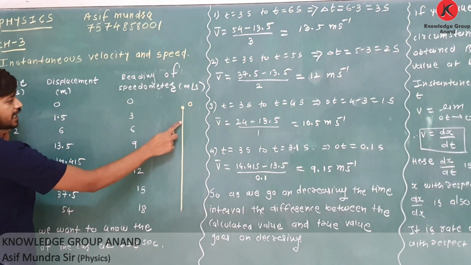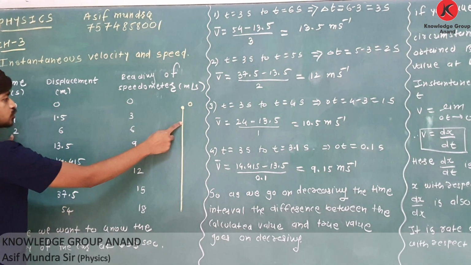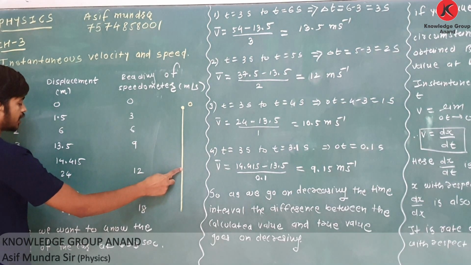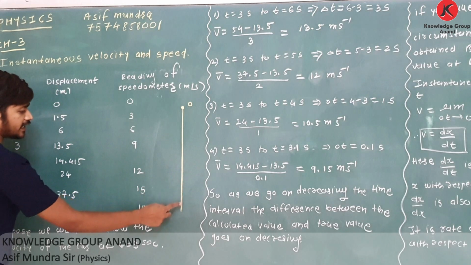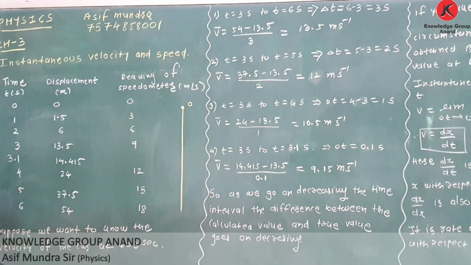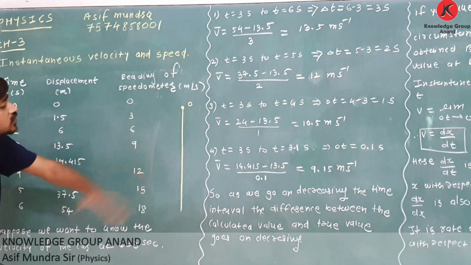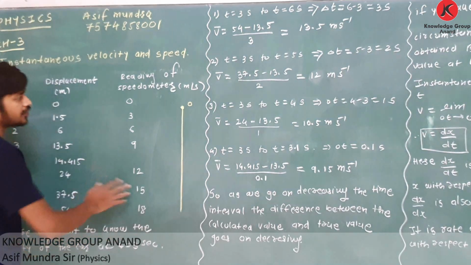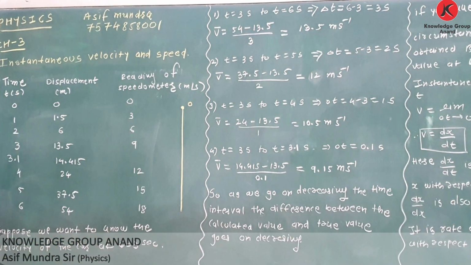At 1 second, it is at 1.5 meter. At 2 second, it is at 6 meter. At 3 second, it is at 13.5 meter. At 4 second, it is at 24 meter. Like this, with respect to time, displacement is given, and the speedometer reading is also given: 0, 3, 6, 9, 12, 15, 18 meter per second.